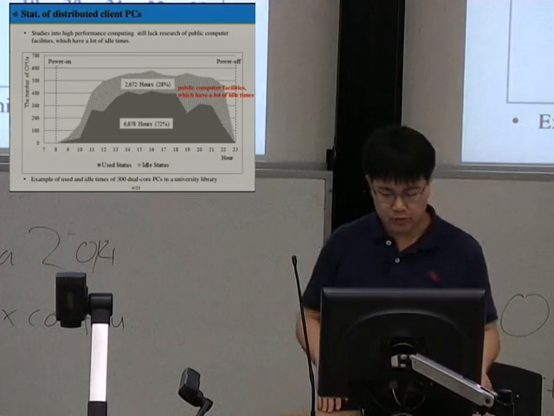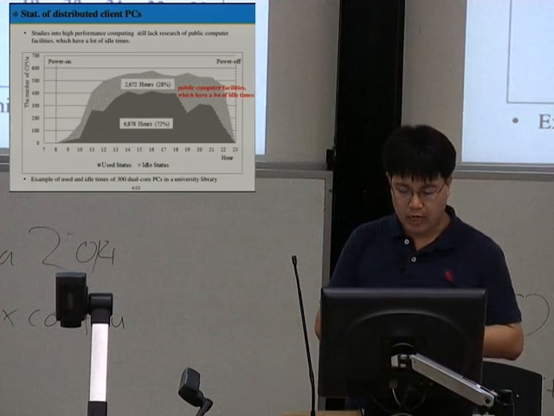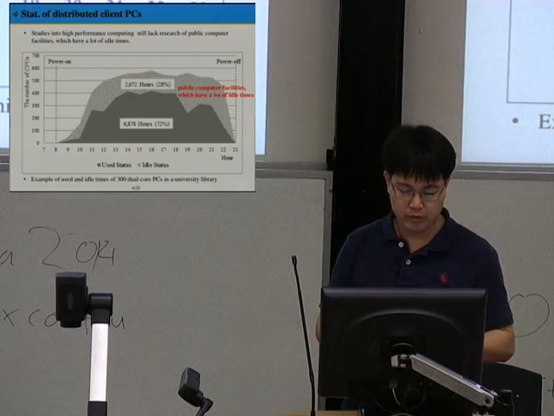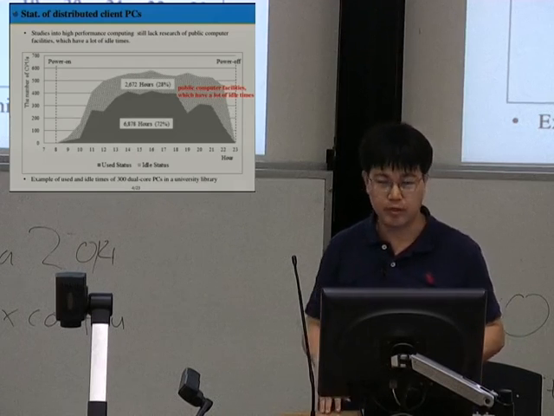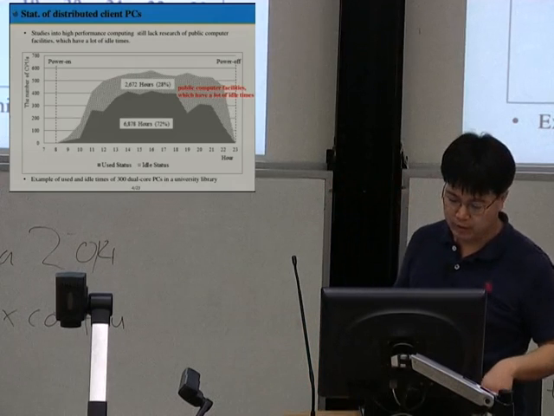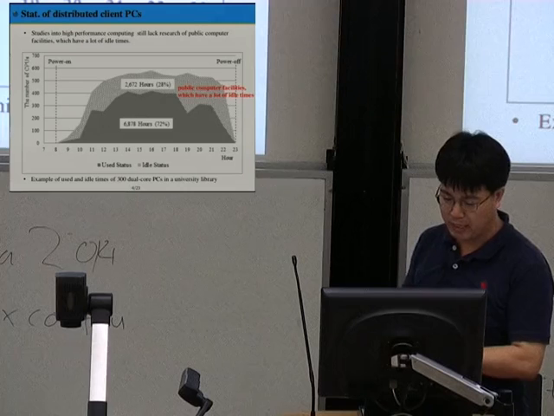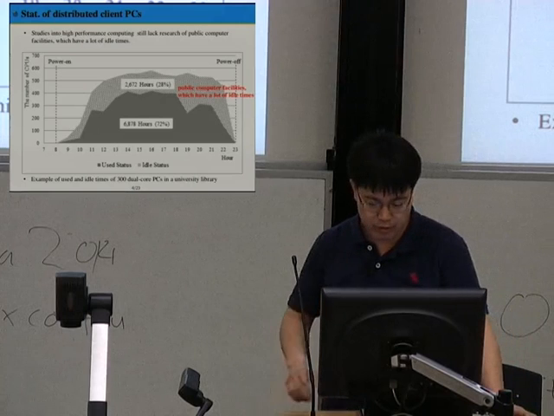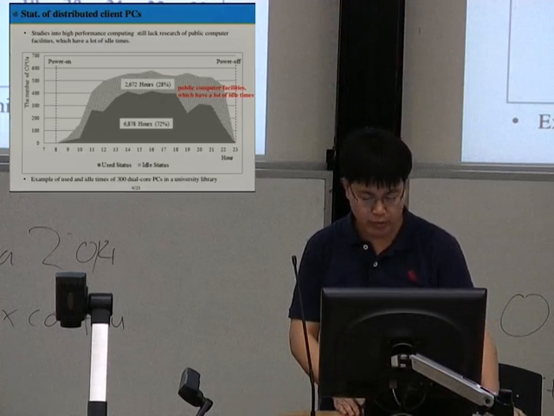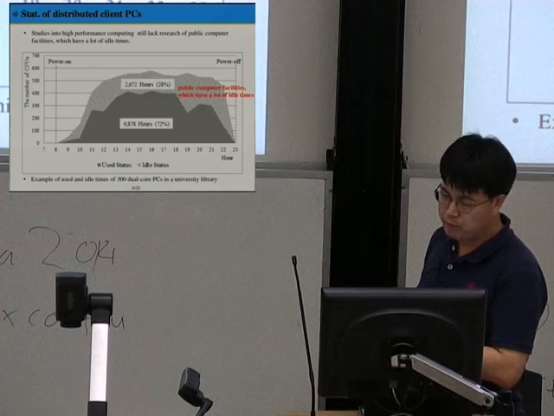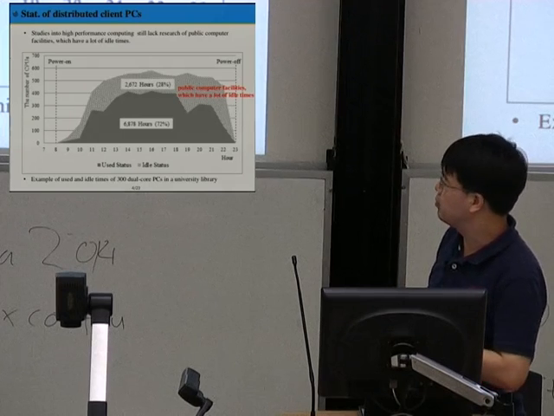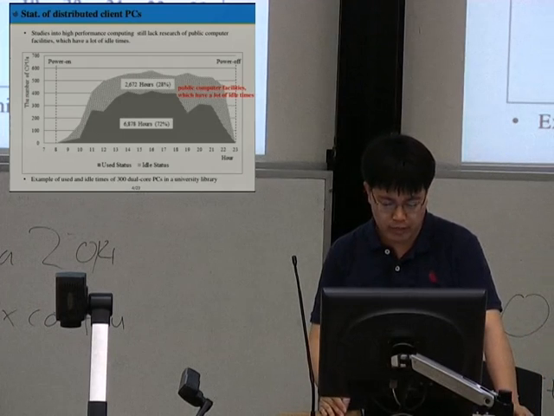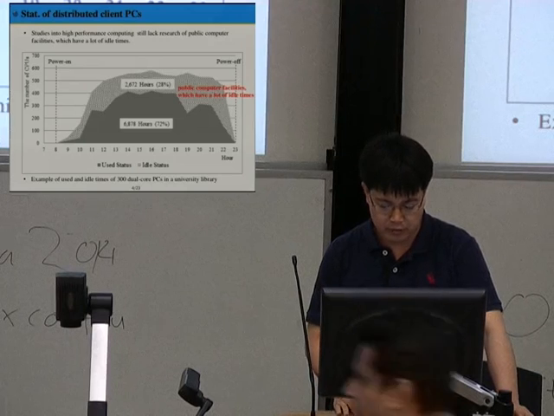So we surveyed how much idle resource we can get from distributed remote desktop computers in a real environment. We surveyed the idle times and used times with 300 dual-core desktop computers in a university library. As you can see, this picture shows the worst case result. So we can utilize 28% of the idle times.